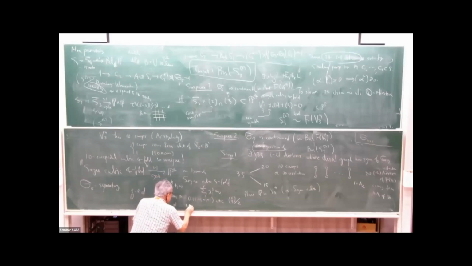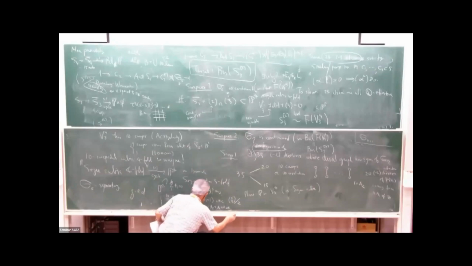So T1 plus T2 equals T3 plus T4 equals T5 plus T6 equals 0, etc. This is 15.